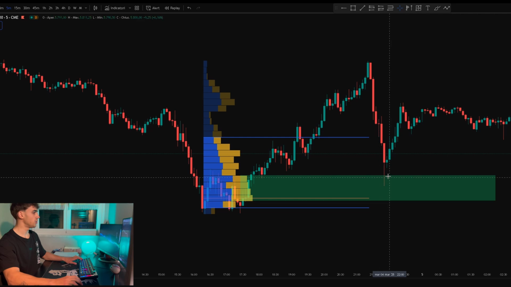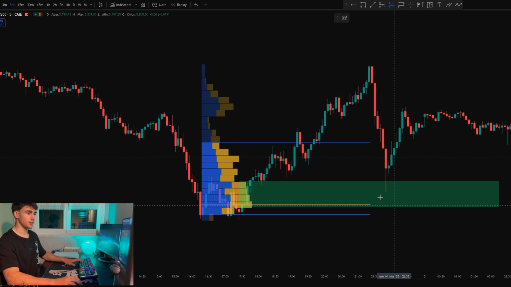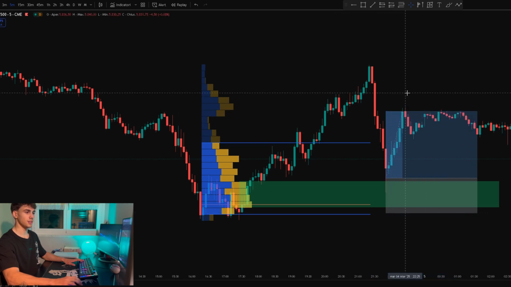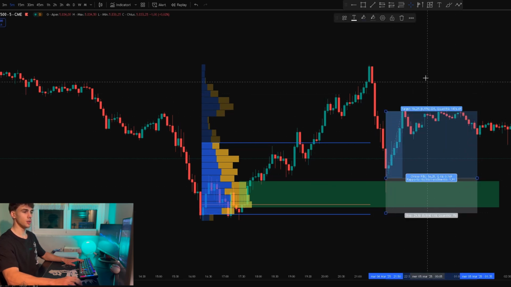What you want to do is wait for the price to get into that area, give you the confirmation, and then take the bounce. This was a really good trade. You could have entered getting down here with a stop loss just below the value area and then take profit up there. This is a 1 to 2 risk to reward ratio, really good trade.